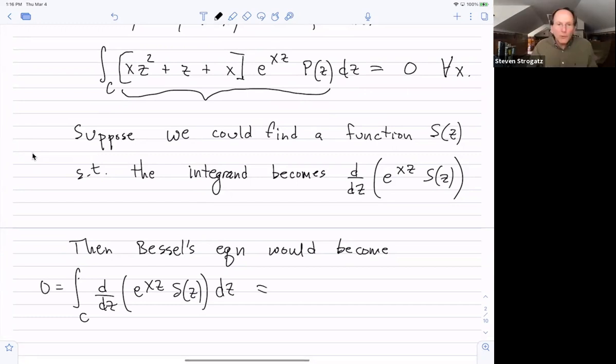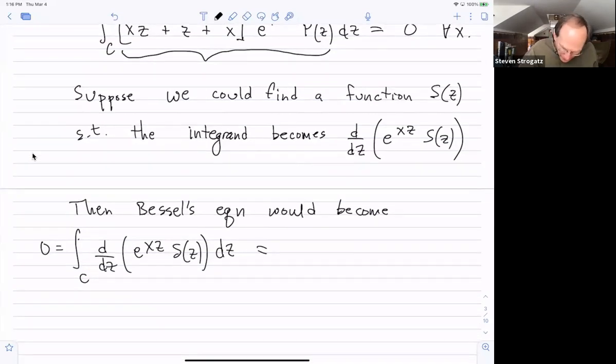But if I'm integrating a derivative, I'm just going to get the values at the endpoint of the argument of the d/dz. That is, I would just get e to the xz, S of z, evaluated at the boundary of this curve C. Right, that's the fundamental theorem of calculus, essentially.